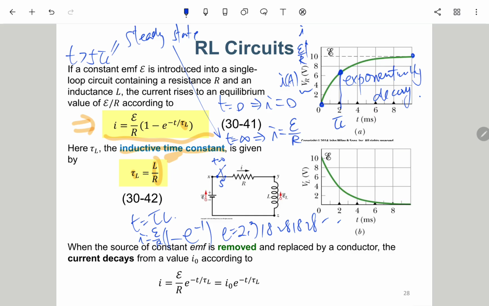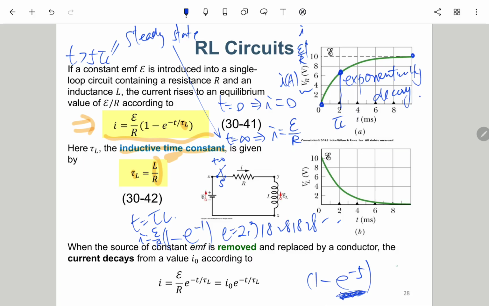You can imagine 1 minus e to the negative 5 is really small. I'm not sure how small, but it should be less than 0.01, which means that 1 minus e to the negative 5 will be larger than 0.99.